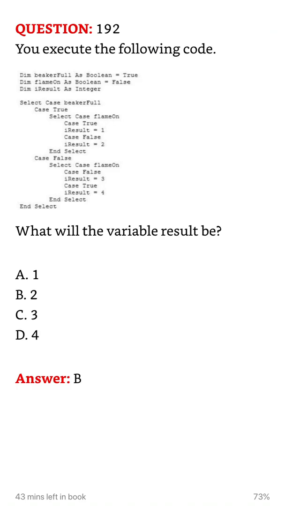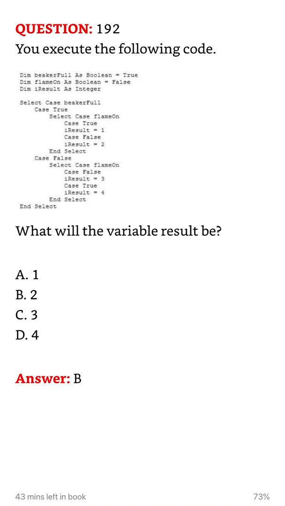Question 192. You execute the following code. Breakable as Boolean is true. FlameOn as Boolean is false. iResult is integer. So the select case for breakable is true or false. If it's true, then it goes into select case for flameOn.